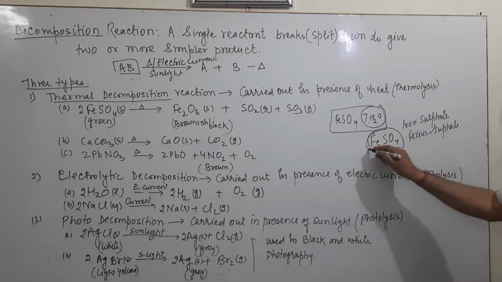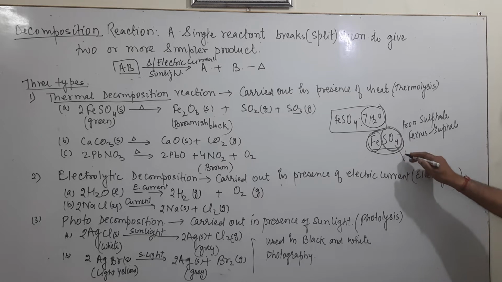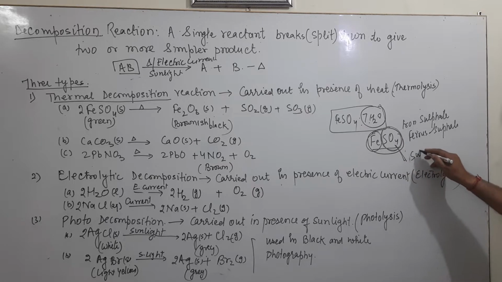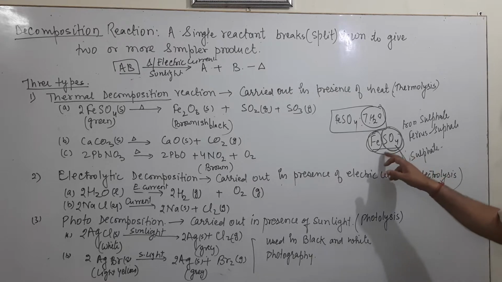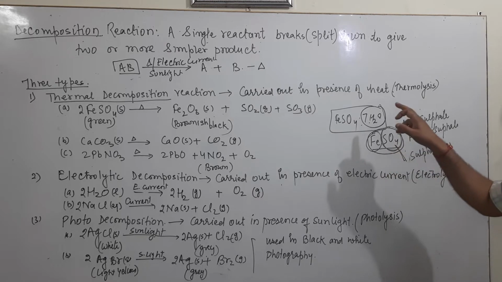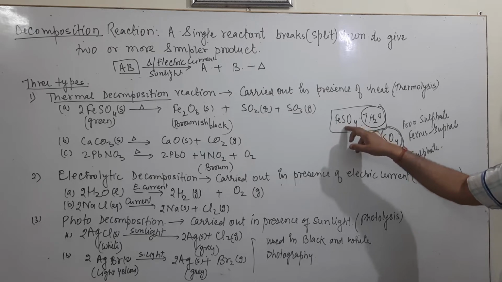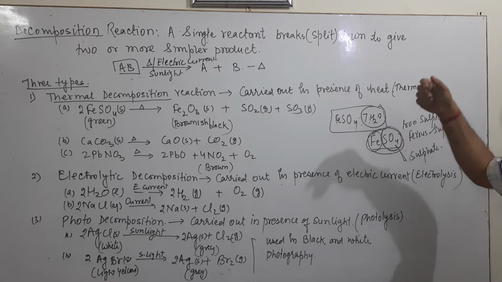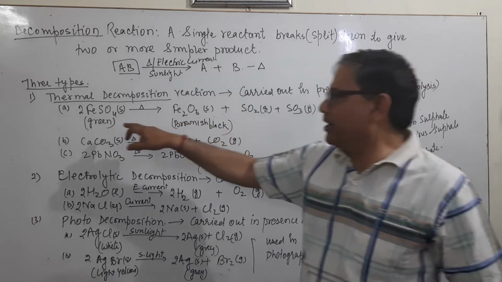This is iron, and SO4 is sulfate. This iron sulfate will form when crystals of ferrous sulfate are heated. Then 7 molecules of water evaporate and the color of FeSO4 will be green.